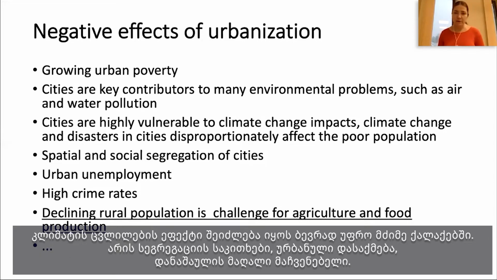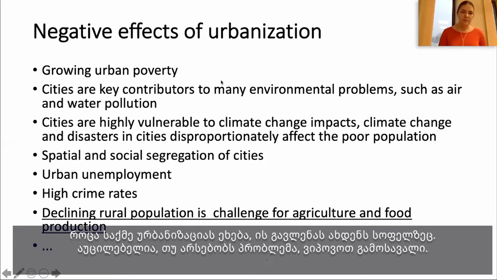So a lot of environmental problems, as I said, the climate change effects can be so much more severe in cities. There are segregation issues, urban unemployment, high crime rates, and of course, urbanization has an impact on the rural areas.